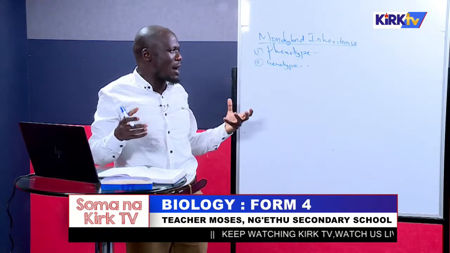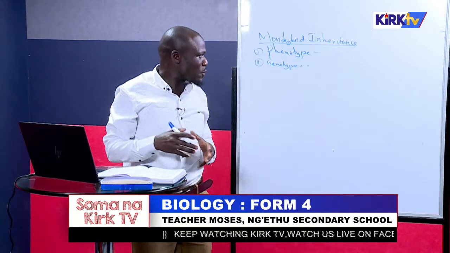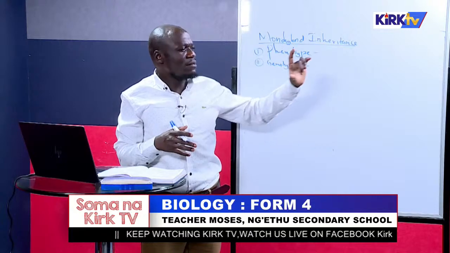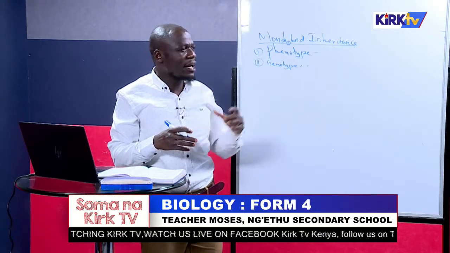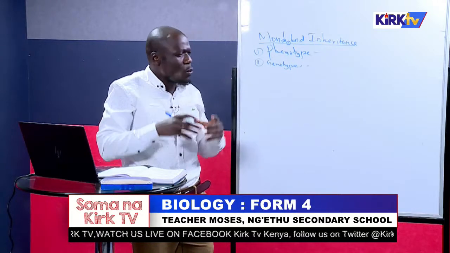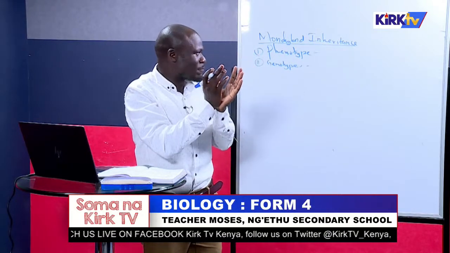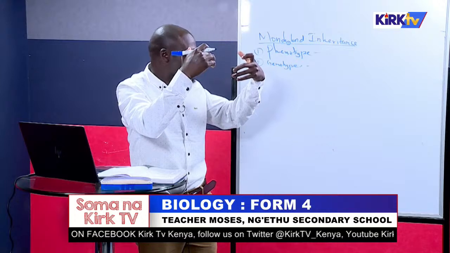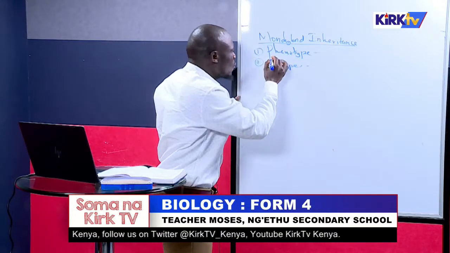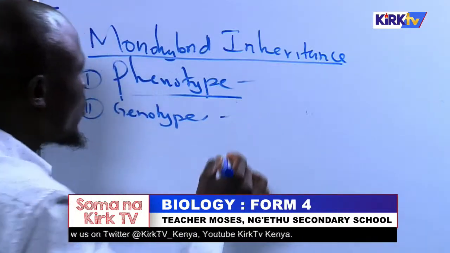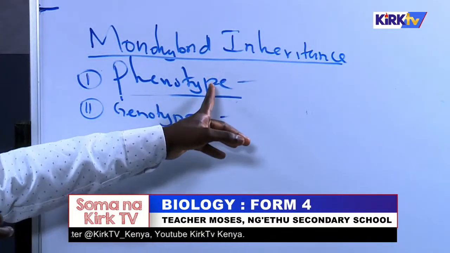It could be a human being. Somebody could see a particular human being and say the skin color is black. Another person can also have a brown skin color. So what we are able to observe, the physical appearance of that organism, is what we refer to as the phenotype.